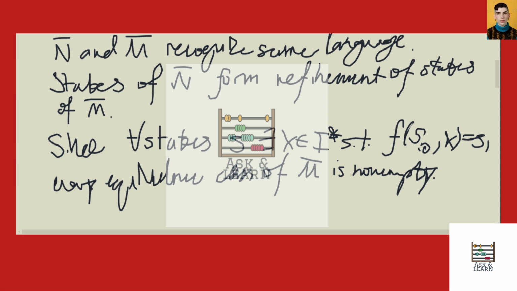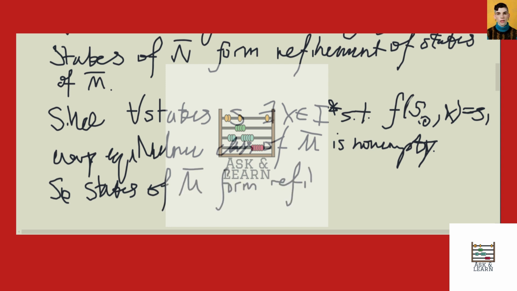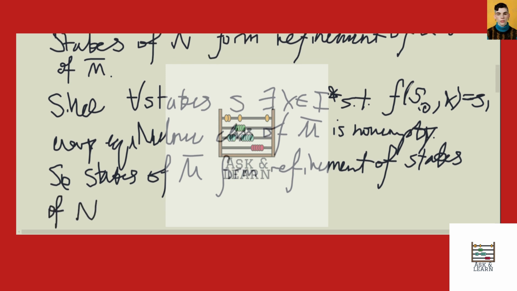And therefore, since there are no empty equivalence classes of M bar, it follows that the states of M bar form a refinement of the states of N bar, by a previous exercise. However, this implies that the states of N bar and M bar must be the same.